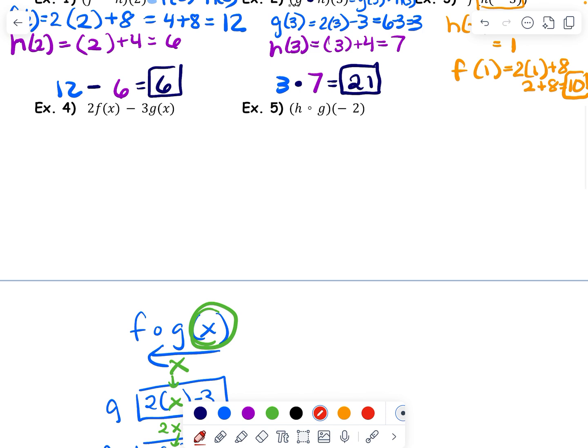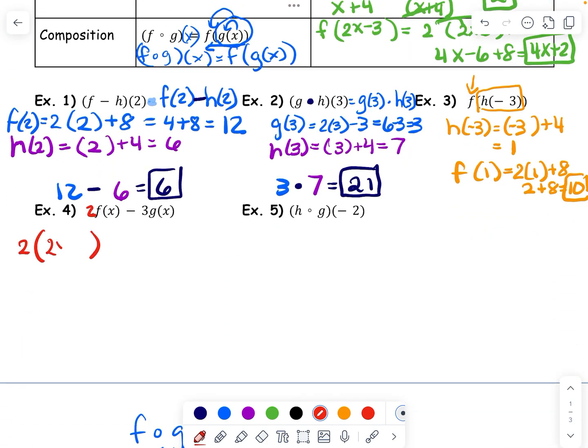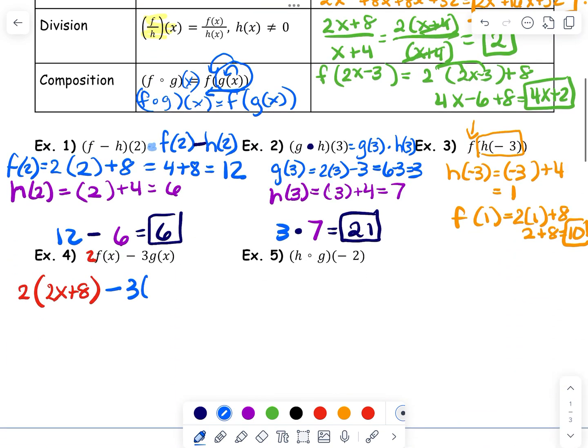Okay, almost there, guys. All right, the next one, see how this 2 is in front of the f? Well, that's just going to be 2 times whatever the f function is, and it's 2x plus 8. And then we have minus 3, and then our g of x, which is 2x minus 3.